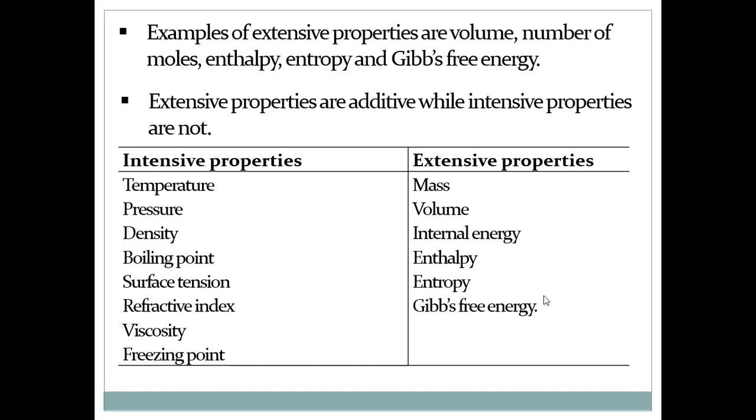And then the extensive, we have mass, volume, internal energy, enthalpy, entropy, and Gibbs free energy. So you can read through and you can add more to the list. But you find that most of the energies, like enthalpy, entropy, internal energy, Gibbs free energy, fall under the extensive because they always depend on the quantity of matter in a system.